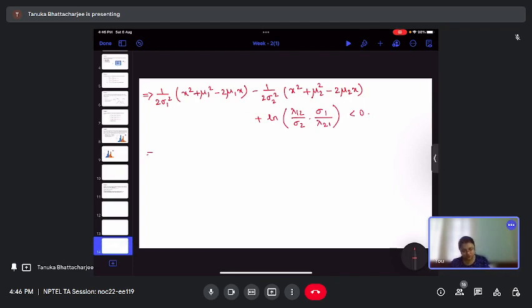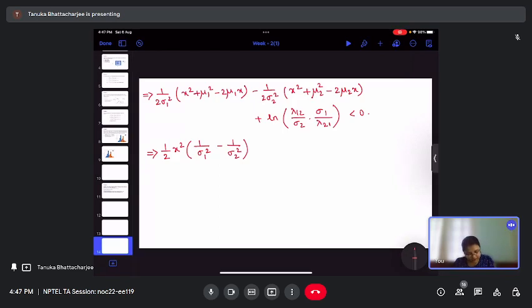Now if you take the x square terms or the quadratic terms together, you will get 1 by 2 x square into 1 by sigma 1 square minus 1 by sigma 2 square. Now we take together the terms with x.